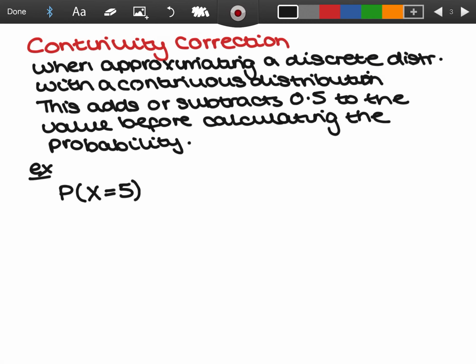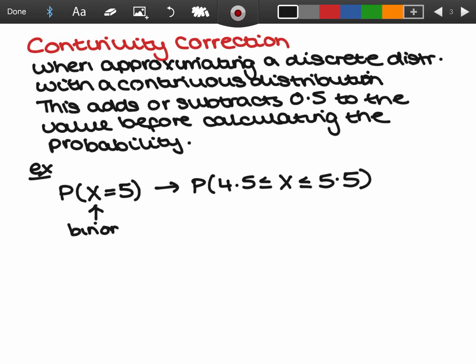So what we actually do in this case is we say that x must be between these two values. This thing here is in binomial, and this thing here is in normal distribution. So I am approximating something in my discrete distribution with something in my continuous distribution.